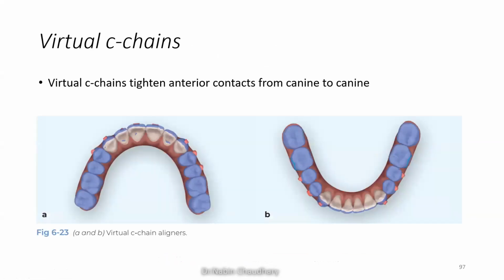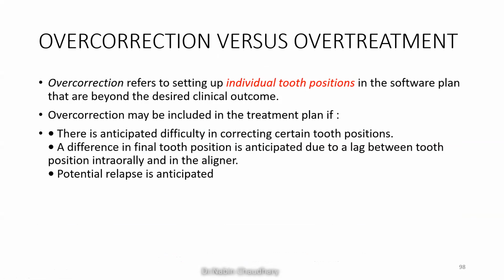We can also advise virtual C-chain, which is generally requested from the clear aligner company, so that tight anterior contact can be obtained from canine to canine during the finishing stages. Now there is something called overcorrection versus overtreatment. Overcorrection generally refers to individual tooth movement, whereas overtreatment means the final occlusion in the plan.